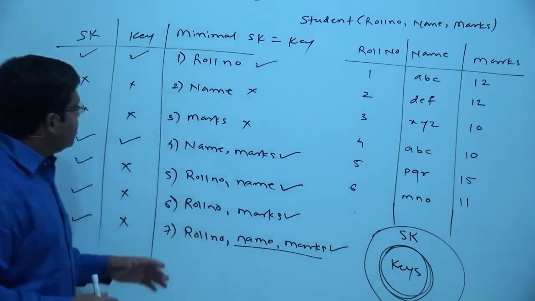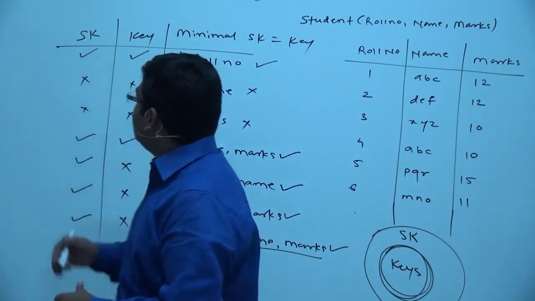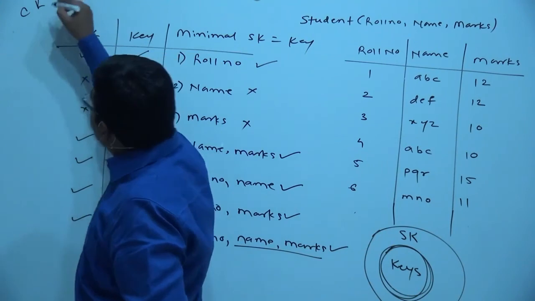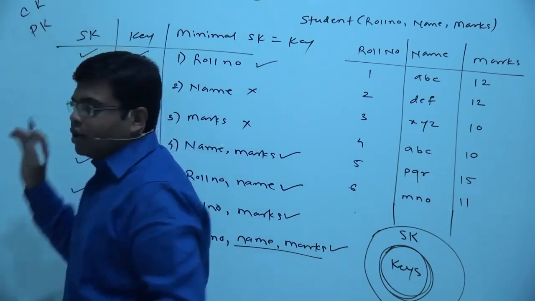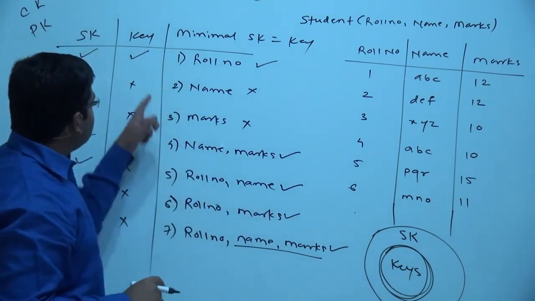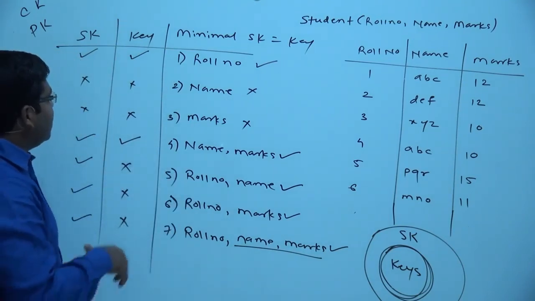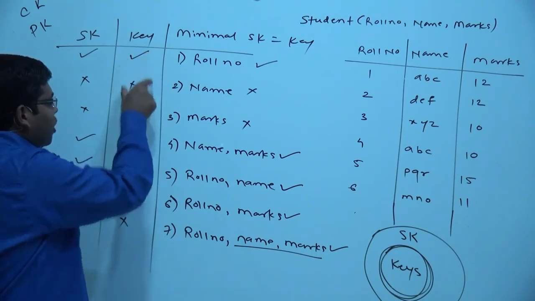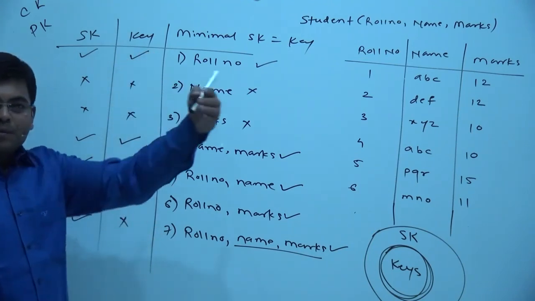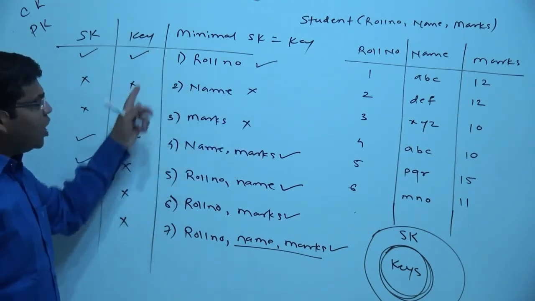And now the remaining two key types are quite simple. They are candidate key and primary key. Now see, whenever a table has got multiple keys, then each key will be called as a candidate key. It's like both of them are candidates to become primary key, because a table cannot have multiple primary keys.